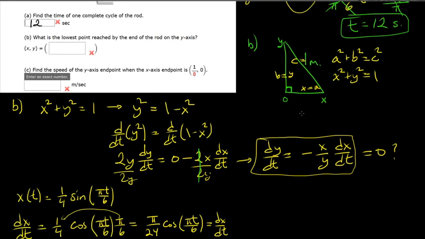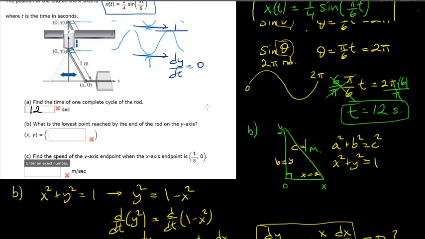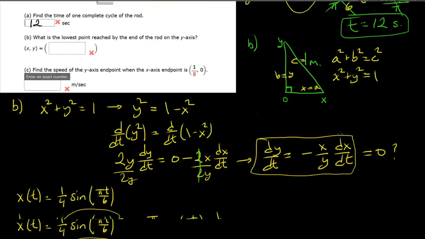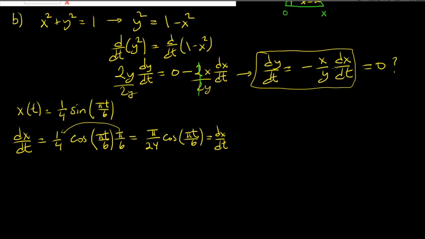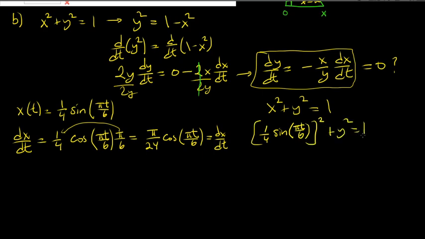And we know what x is, right? It's just 1/4 sine of pi t over 6. But what's y? So maybe we should have done that first. If we have x squared plus y squared equal to 1, and x is 1/4 sine of pi t over 6, then x squared is that whole thing squared, plus y squared equals 1.